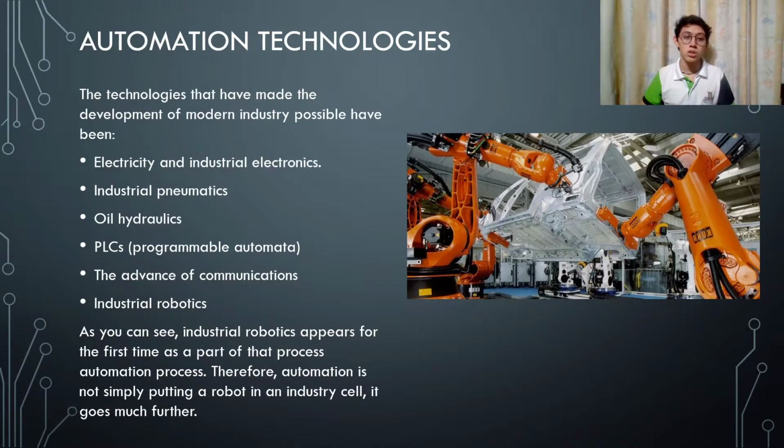As you can see, industrial robotics appears for the first time as a part of that automation process. Therefore, automation is not simply putting a robot in an industrial cell. It goes much further.